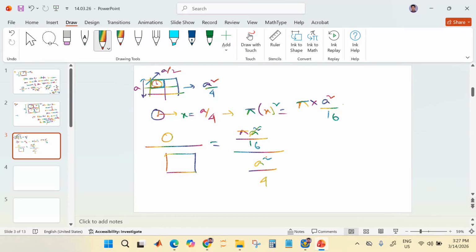So a square will cancel, that means 4 pi by 16. So it is pi by 4. Pi by 4 means it is 22 by 7 into 4. Again 22 by 28. It is 11 by 14.